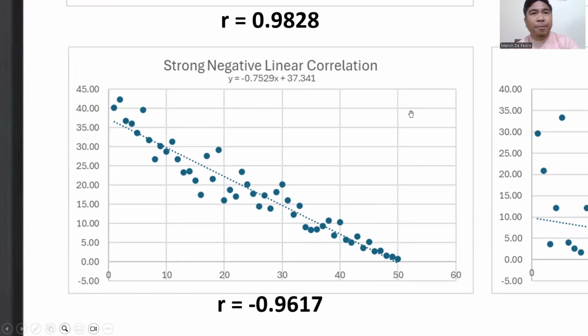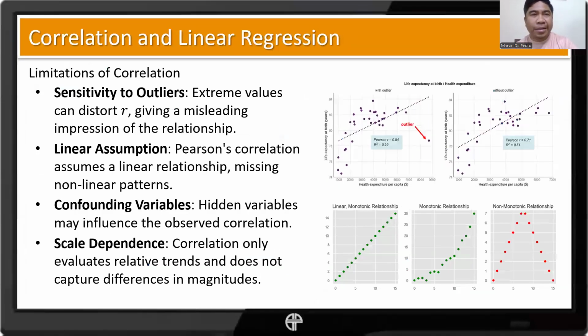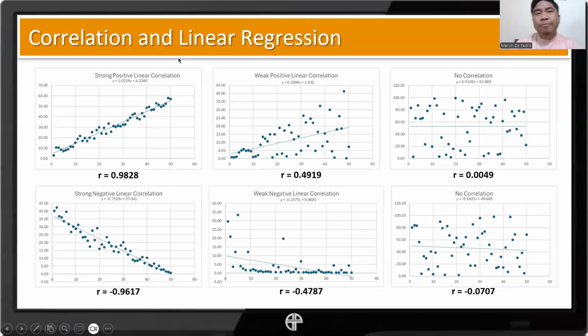So when we say strong positive, let's see in the next slide. All right. So when we say positive correlation, we can say that the more our independent variable increases, the more our dependent variable increases also.